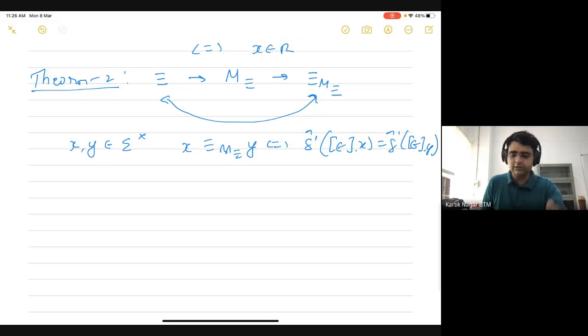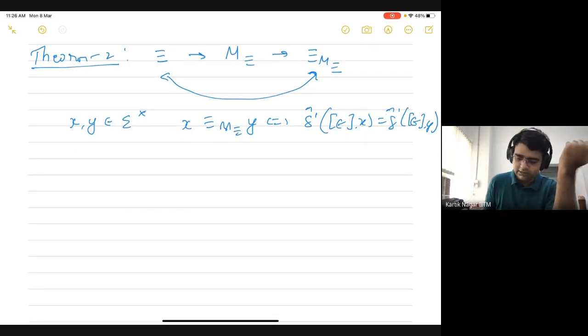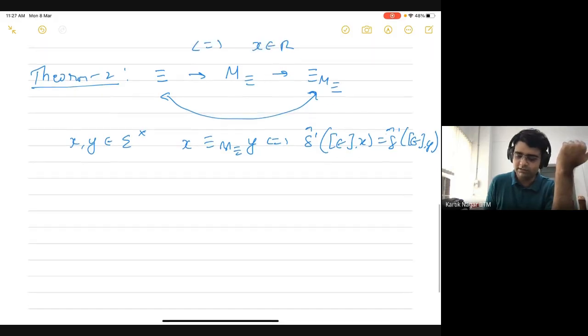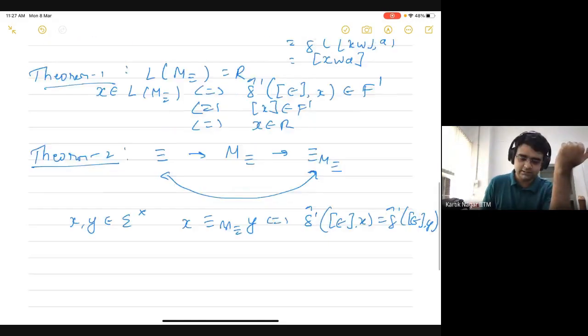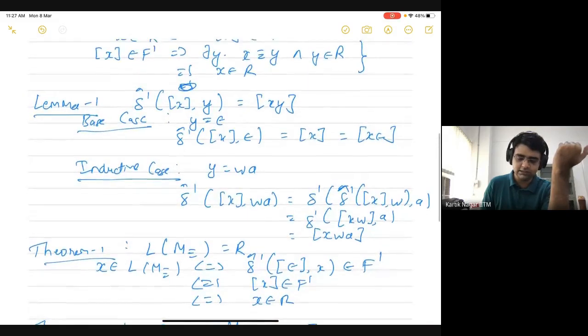Based on this, we will show that X and Y are in fact related by the original Myhill-Nerode relation as well. So how should I proceed forward? Any suggestions? Consider the lemma that we showed about delta prime hat.